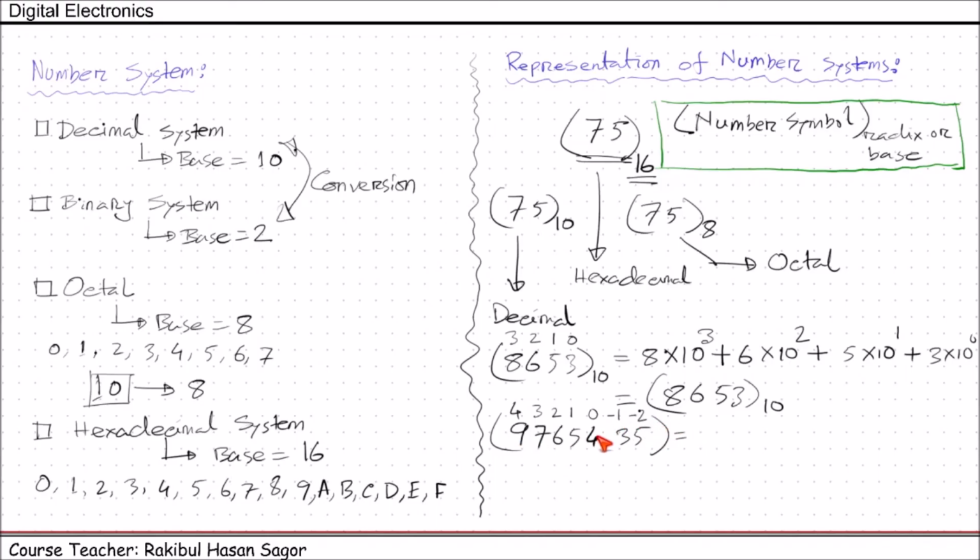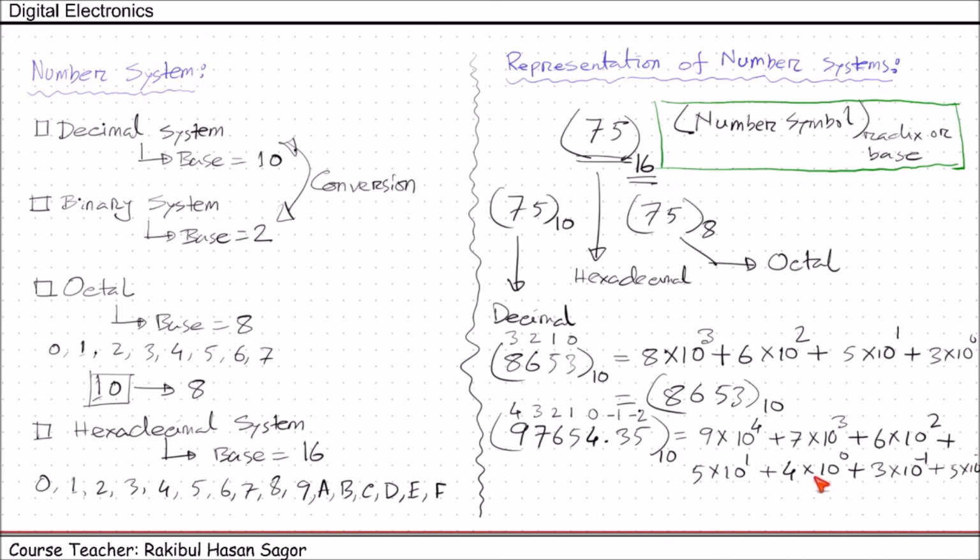So if we represent this number as the sum of values of each digit, it can be represented in this way: 9 into base to the power of position value, plus 7 into base, this is a base 10 number, to the power of position value, plus 6 into base to the power 2, plus 5 into base to the power 1, plus 4 into base to the power 0, plus 3 into base to the power -1 to represent this fractional part, plus 5 into base to the power -2.